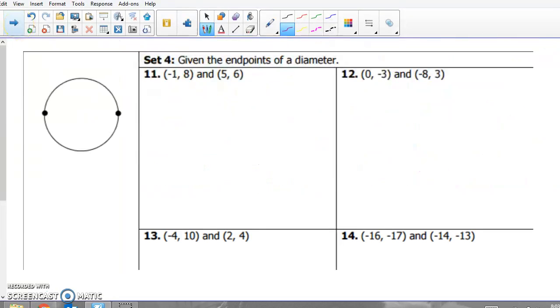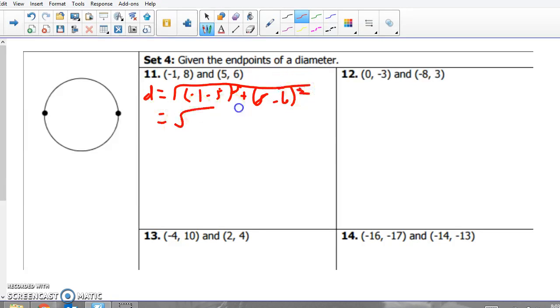Alright, so let's try it now. When we're given the endpoints of a diameter, we need to do two things. We need to find the distance between the endpoints. So it's the square root of my x's, -1 minus 5 squared, plus my y's, 8 minus 6 squared. So this is going to be the square root of -6 squared plus 2 squared.